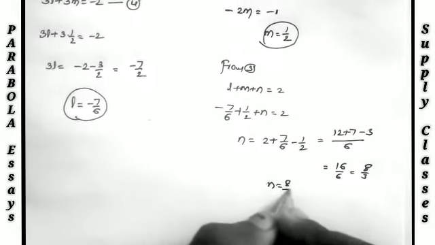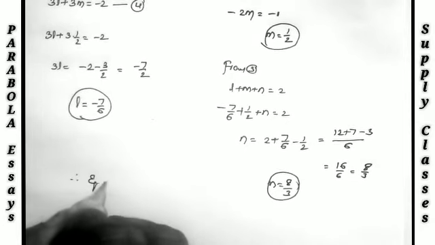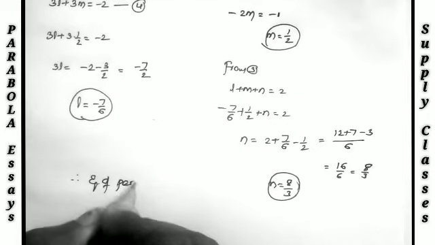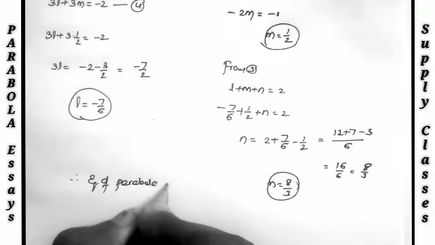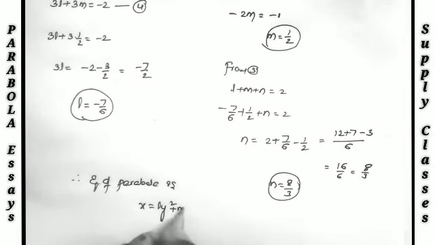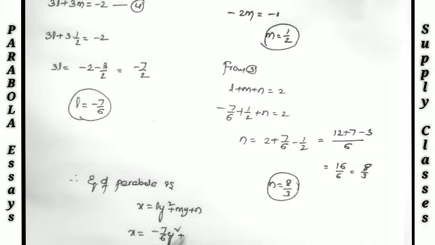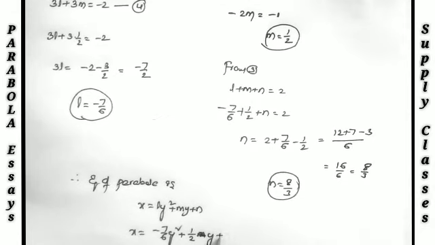Okay. Now substituting these three values in the parabola equation. Therefore the equation of parabola is x equals l y squared plus m y plus n. That is x equals l value minus 7 by 6 into y squared, plus m value 1 by 2 into y, plus n equals 8 by 3.